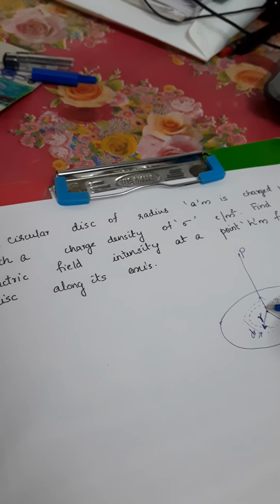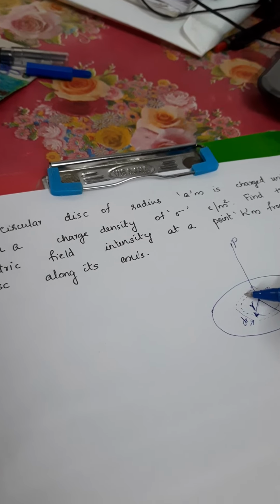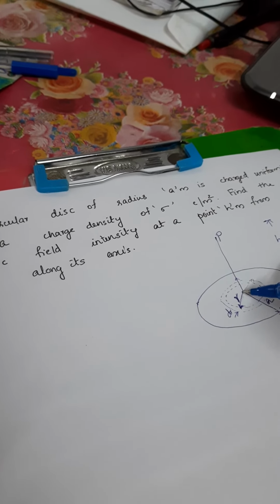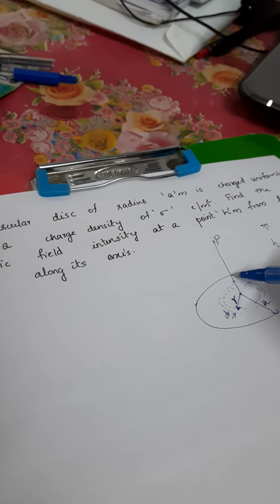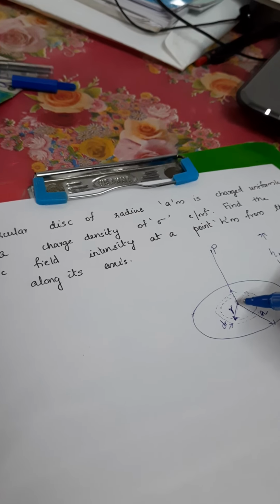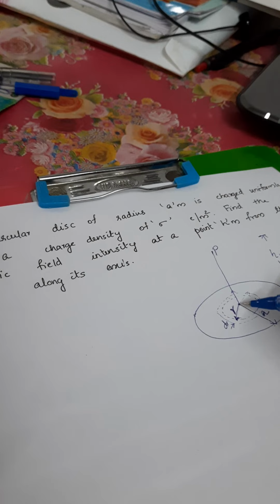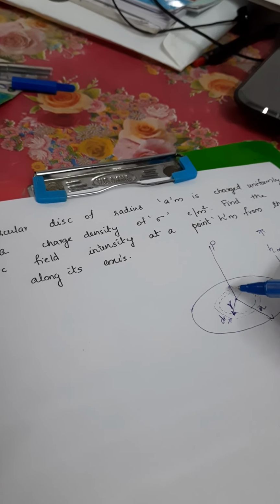Similarly, if we consider the other point along this disk, the electric field intensity has two components, one along the horizontal axis and one along the vertical axis. And if we consider the opposite point also, the horizontal component will be along this direction and the vertical component along this direction.